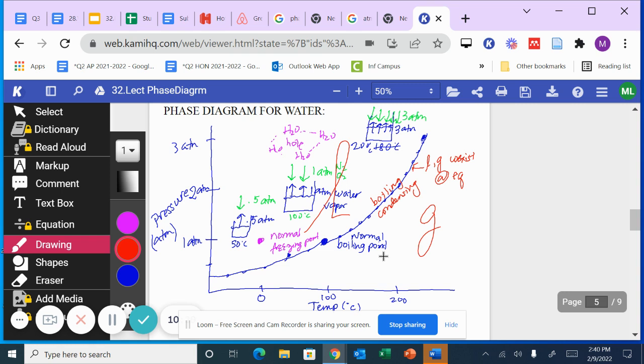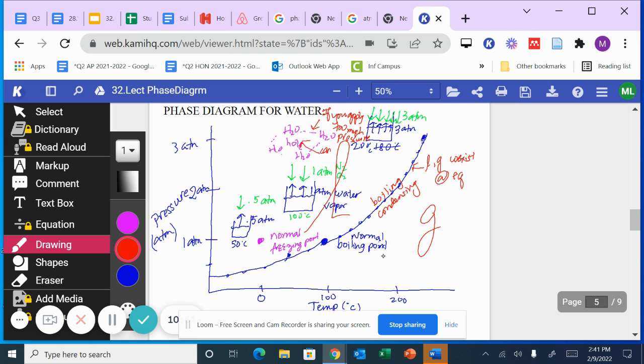If you apply too much pressure, water cannot freeze.